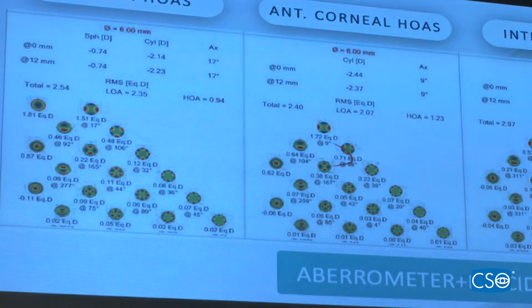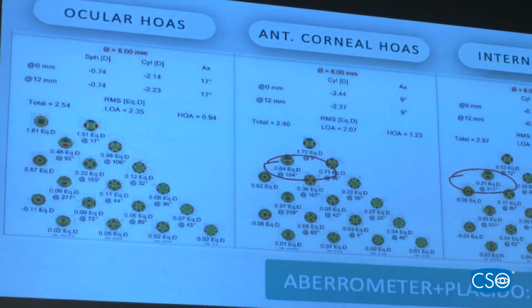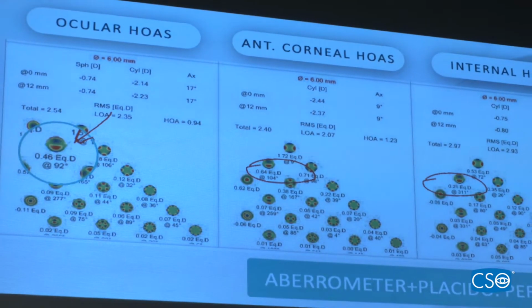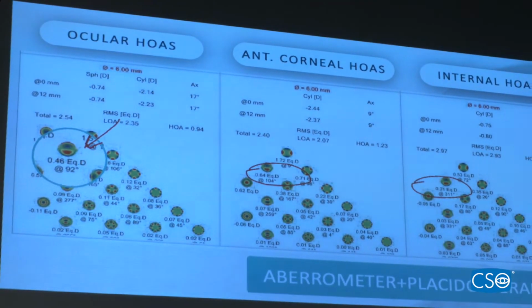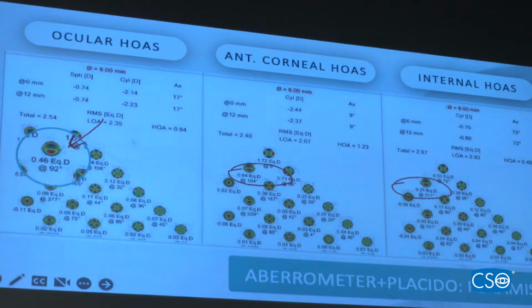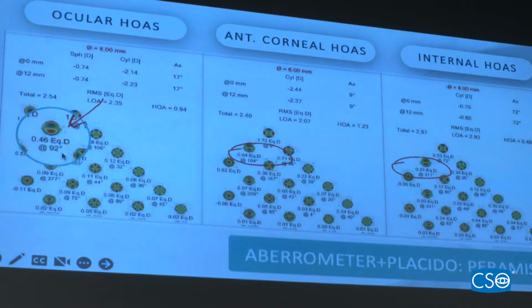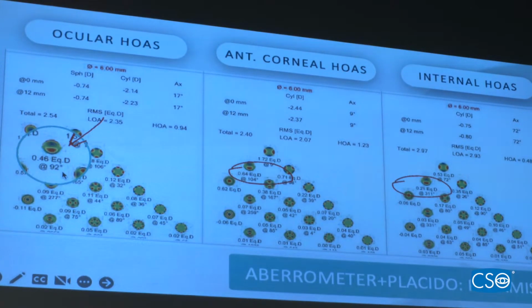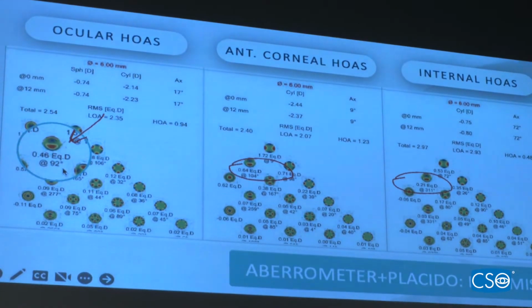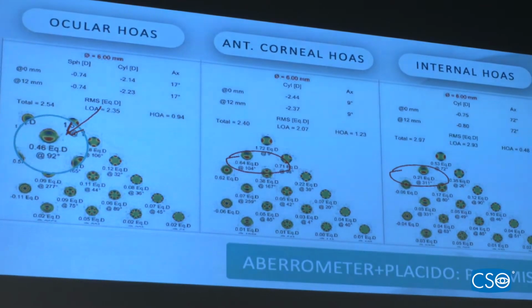Now, if I look at the Pyramis or the pyramidal aberrometer of that exact patient, we can see that the total coma, the ocular coma, is actually the same as the total corneal coma, 0.46 at 92, which means that this patient, being young and healthy and not having anything in the lens, does not have much intraocular coma.